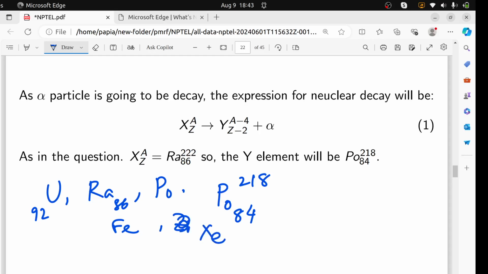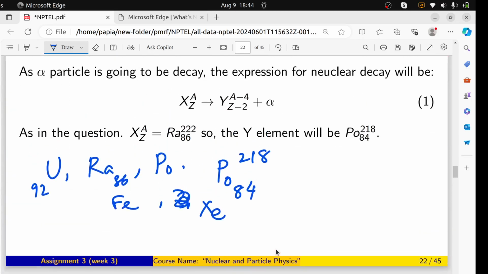These are elements which are very radioactive as well as very famous. Iron is not a radioactive element, but it is a very stable particle and very popular in the nuclear physics chapter, so you should remember its Z and A values. Xenon, radon I have already written, polonium, uranium. Not the whole table, but a little bit more you need to remember.